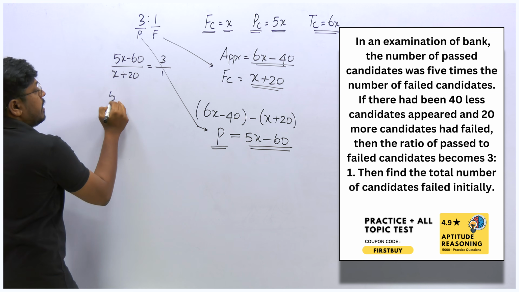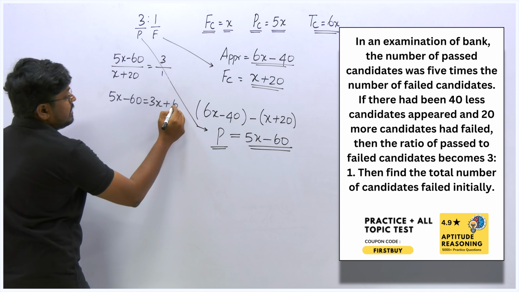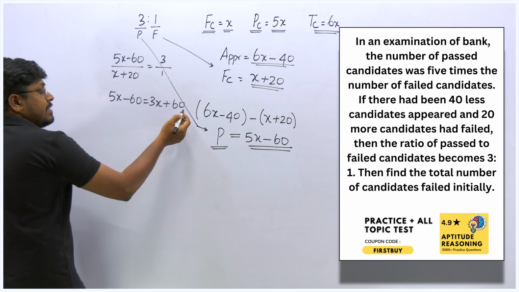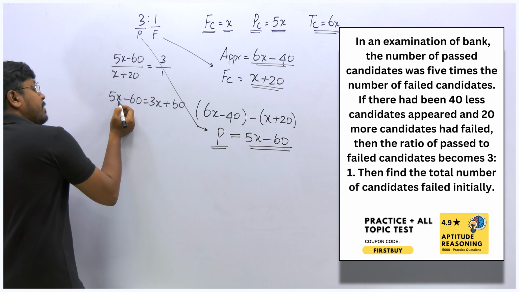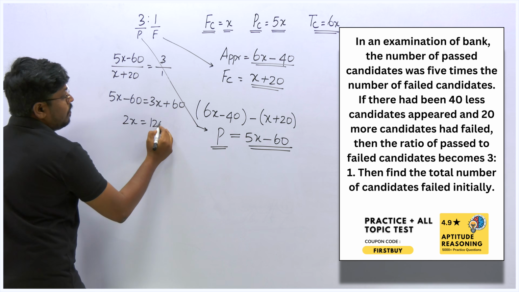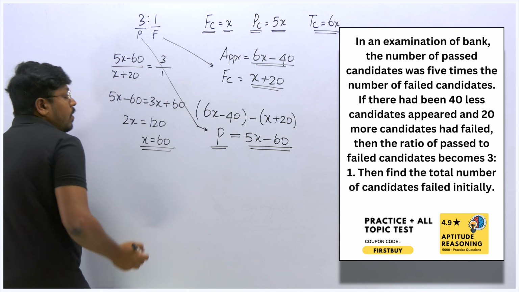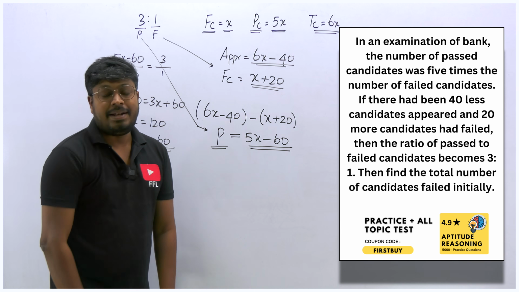Now cross multiply: 5X minus 60 is equal to 3X plus 60. So 60 plus 60 will be 120, and 5X minus 3X will be 2X. So 2X is equal to 120, so X is equal to 60.